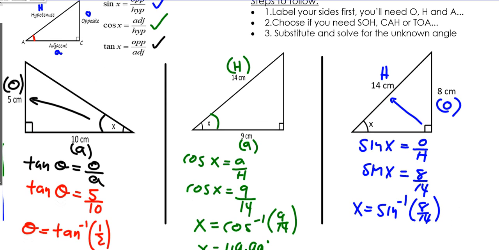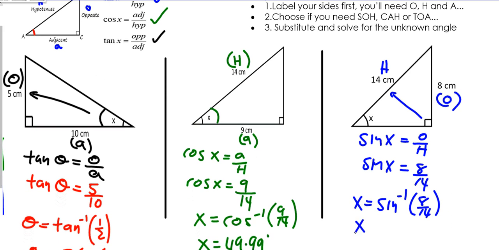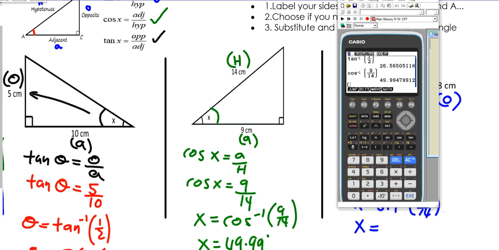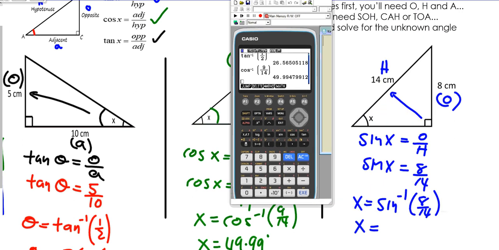Go to our calculator. Shift sine of 8 over 14. Obviously, we could simplify that fraction if we wanted to. And we get 34.8 degrees.